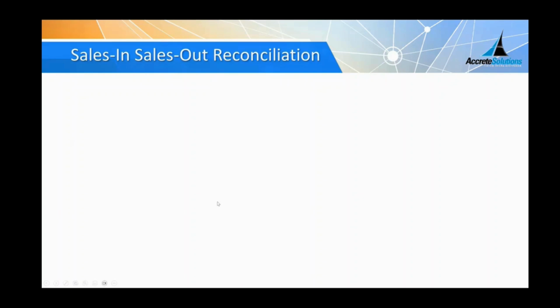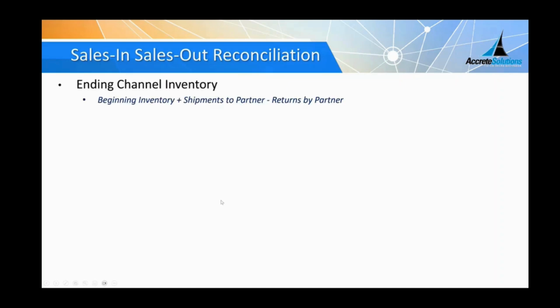Just a little discussion on the sales in, sales out reconciliation. How do you do the calculations? You want to calculate the ending channel inventory, right? You start with the beginning inventory for that month, which is the same as the ending inventory for the previous month.